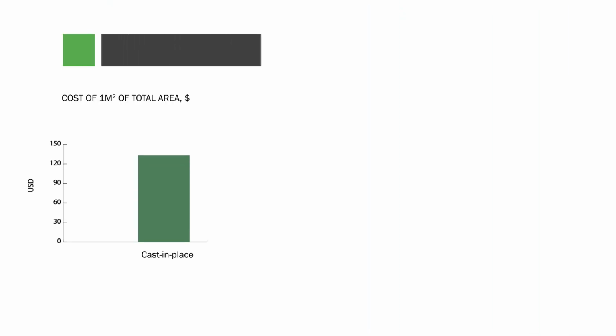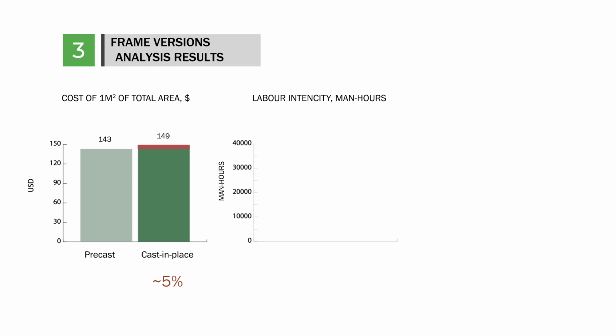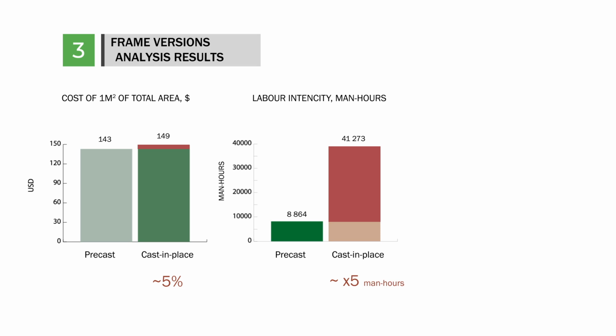Taking into account the outside finish, the cost of the cast-in-place concrete frame exceeds the cost of the precast concrete frame by almost 5%. From the labor intensity point of view, the construction of the cast-in-place frame, taking into account the outside finish, will take almost 5 times more man-hours.